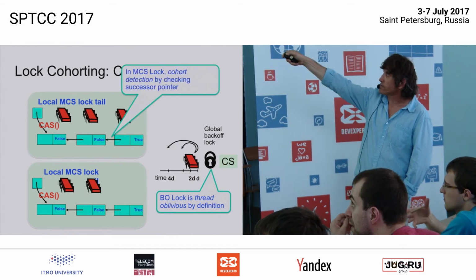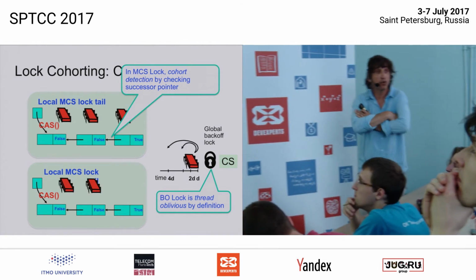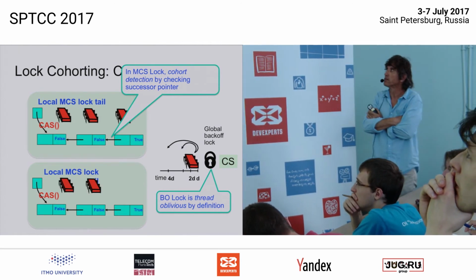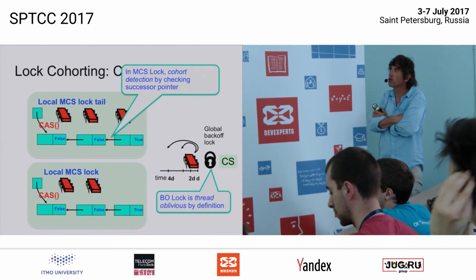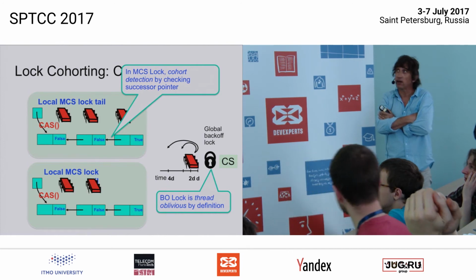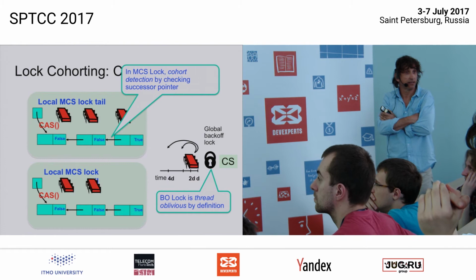Now, I claim that the MCS lock has the property of cohort detection, right? All I need to do to know if there's somebody still in the MCS lock is take a look at the pointer, right?